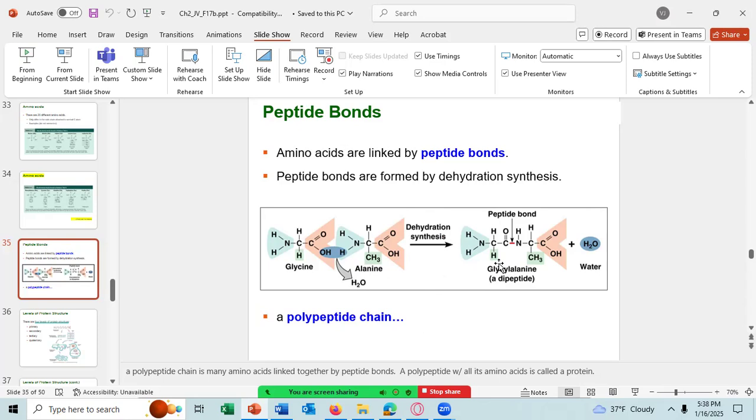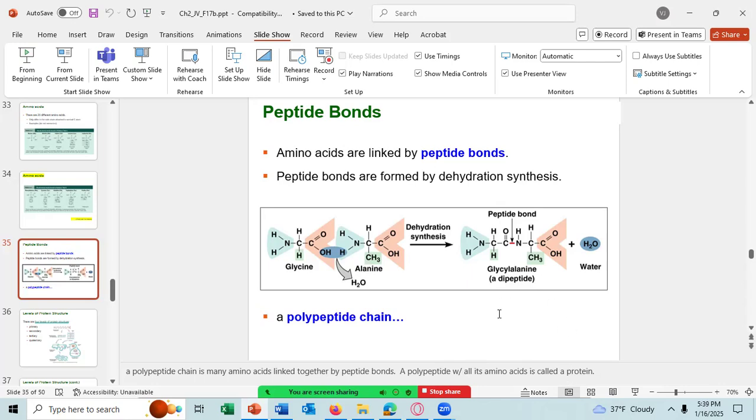A polypeptide that has all of its amino acids added, meaning the last amino acid is added, we then call a protein. As a protein is growing, you call it a growing protein or a polypeptide, and not until the last amino acid is added do you call it a protein.